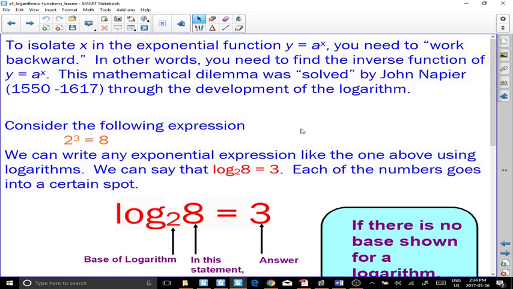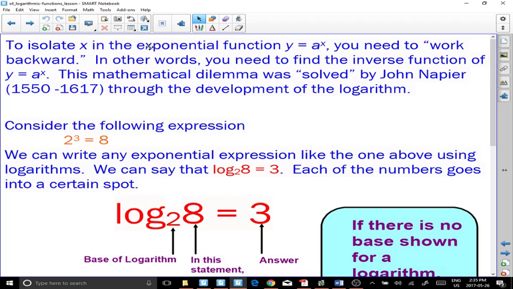If we take a look at the expression 2 cubed equals 8, we can write this with logarithms. An exponent or a power has a base and an exponent. Well, a logarithm has a base as well.